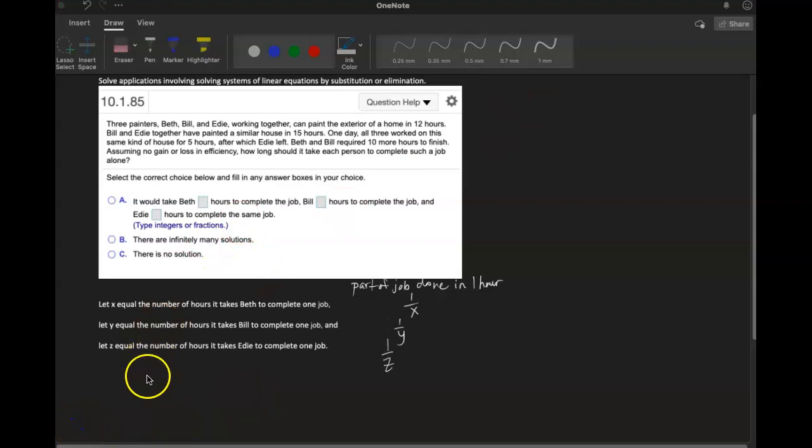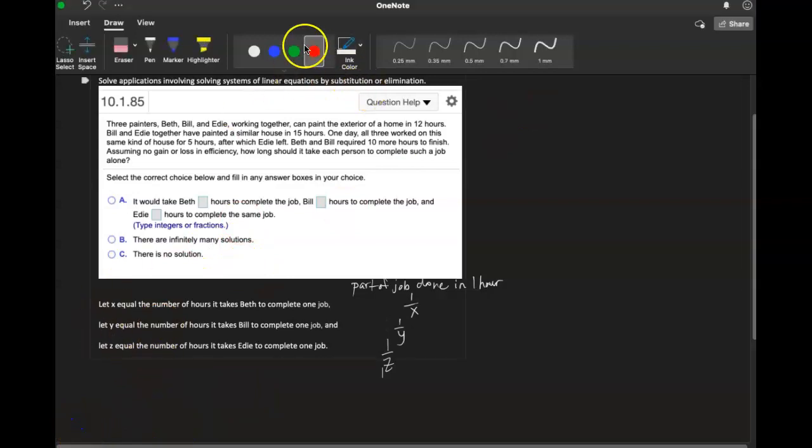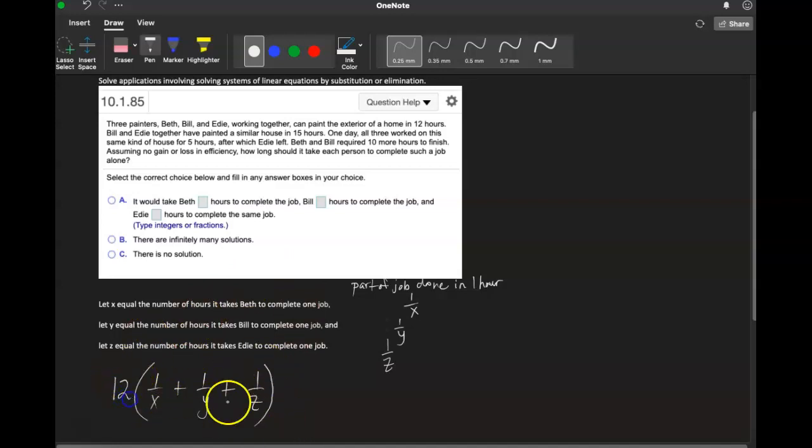We end up with these individuals working together, 1 over x plus 1 over y plus 1 over z, completing a job not in just 1 hour, but over 12 hours. And again, they complete one job in that amount of time. So this equation relates those variables together.